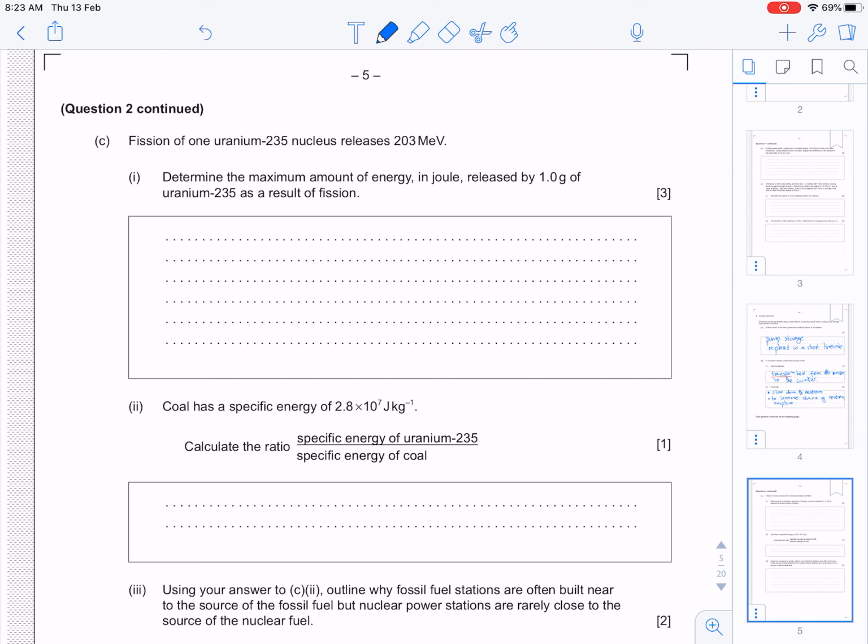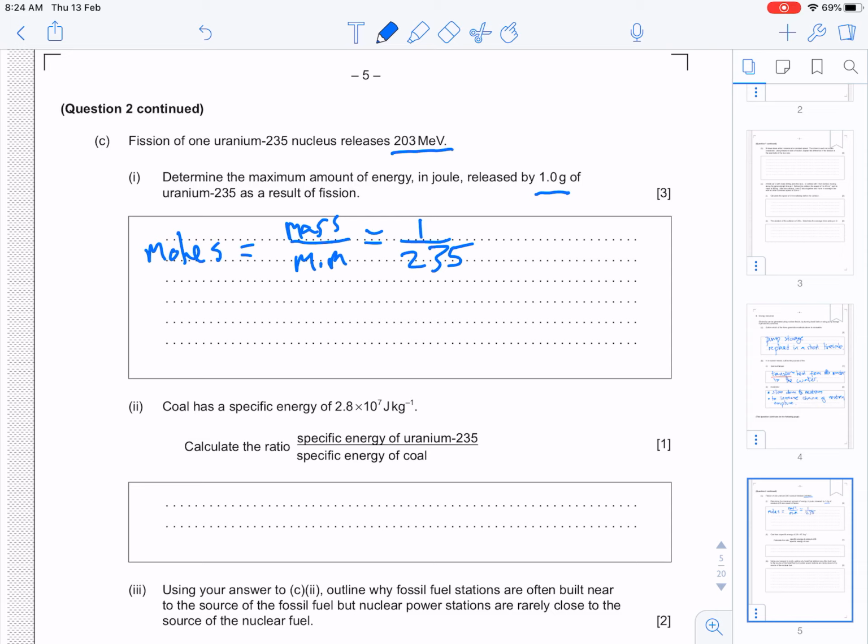Okay, so here we're told that fission of one uranium-235 nucleus releases 203 MeV of energy, and we want to know the maximum amount of energy in joules released by 1 gram as a result of fission. Okay, so we can use the moles equation here, and we can say the number of moles is mass over molar mass. And in this case, that's going to be 1 gram over 235.